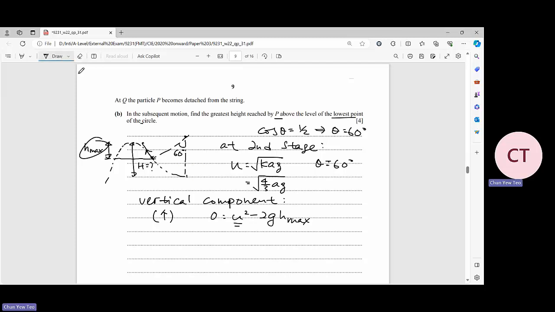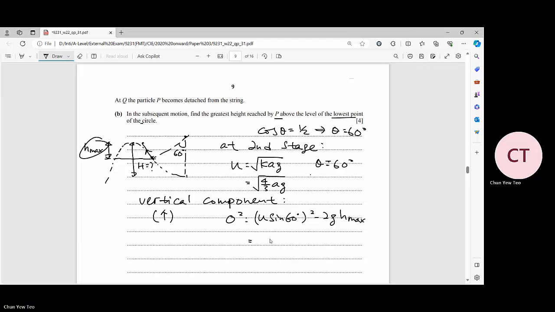But your u cannot be the u over here because you have a vertical component. So it's supposed to be u sine theta, u sine 60 degrees. So 0 squared equals (u sine 60 degrees) squared minus 2g, and you will be reaching the maximum height.